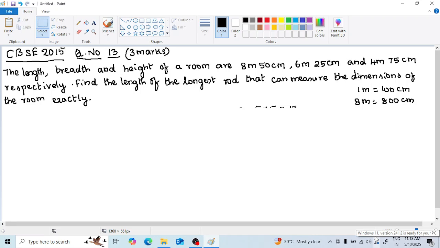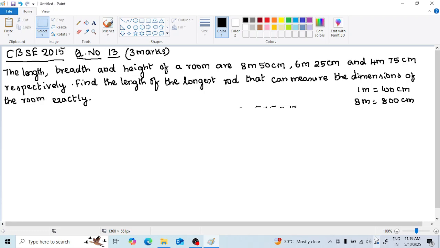Let us see one problem. The question has been asked in the year 2015 for CBSE. The question number is 13 and 3 marks is awarded for this question. Now let me read out this question.